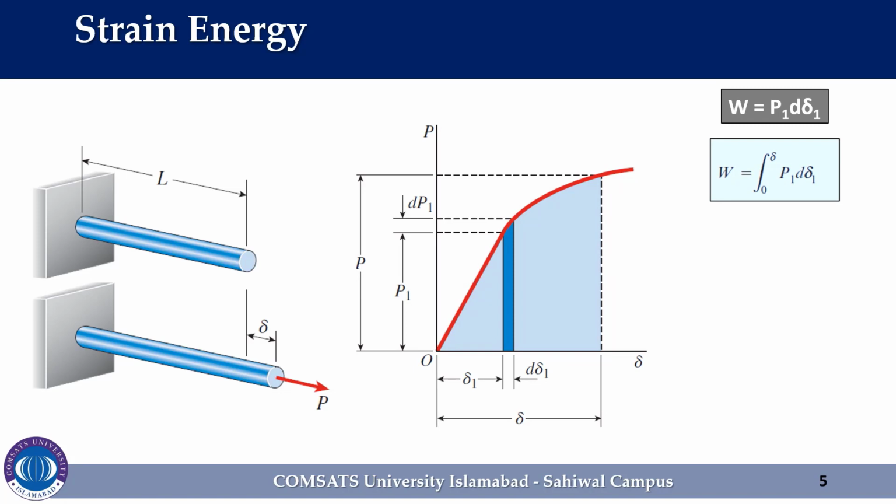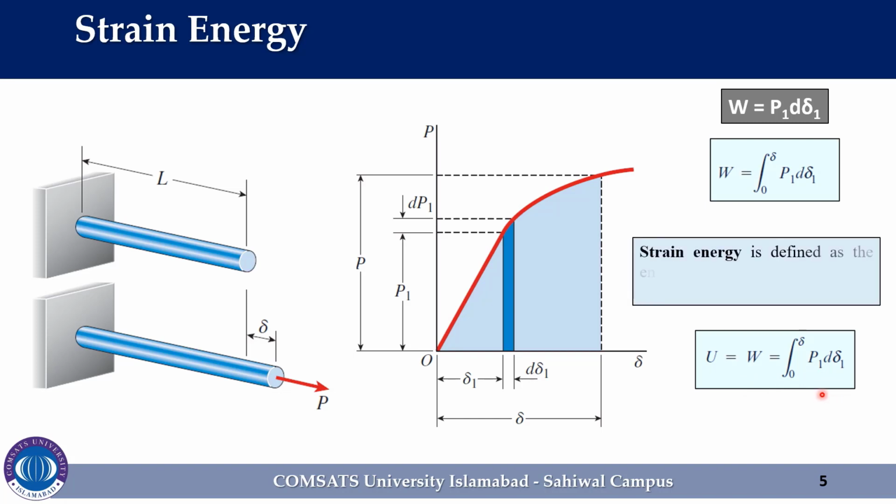So when the load stretches the bar, strains are produced. The presence of these strains increases the energy level of the bar itself. Therefore, a new quantity called the strain energy is defined as the energy absorbed by the bar during the loading process. From the principle of conservation of energy, we know that the strain energy is equal to the work done by the load, provided no energy is added or subtracted in the form of heat.